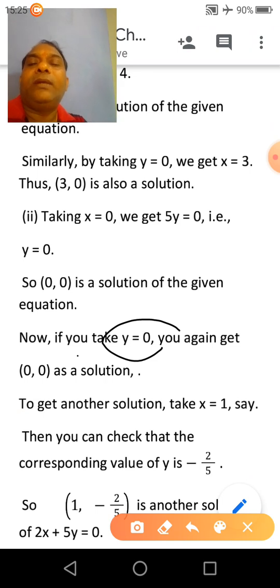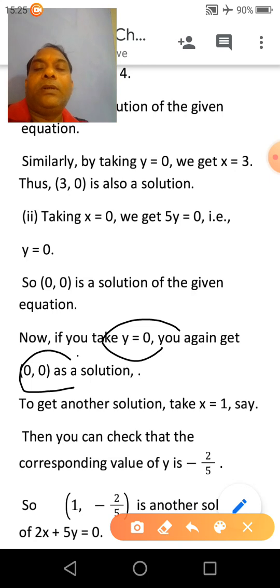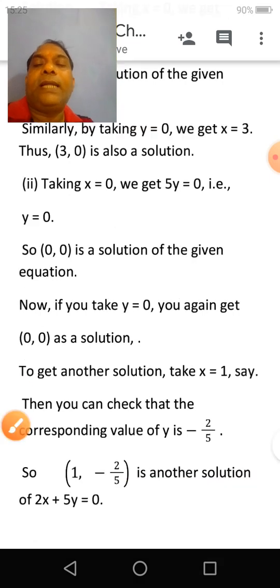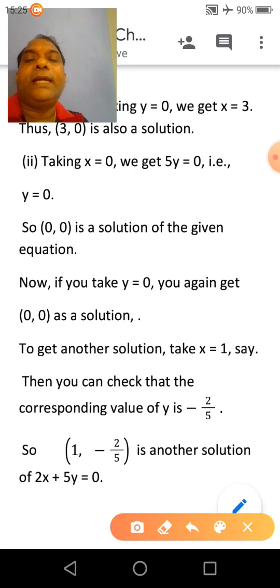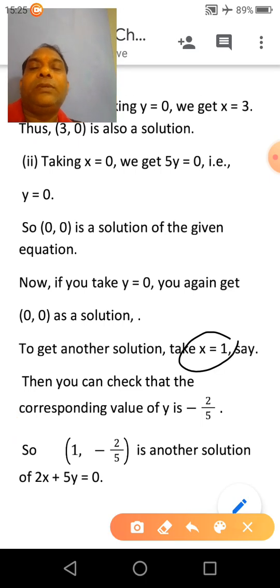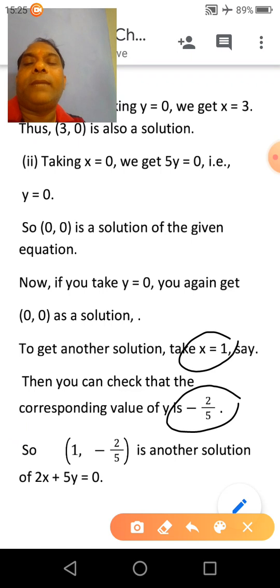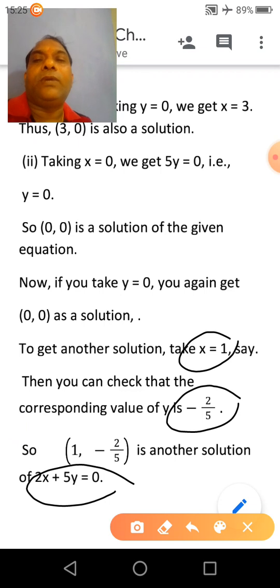So again we get (0, 0) as a solution. To get another solution, take x is equal to 1, then y will be equal to minus 2 upon 5. So (1, -2/5) is another solution of the equation 2x plus 5y is equal to 0. Clear?